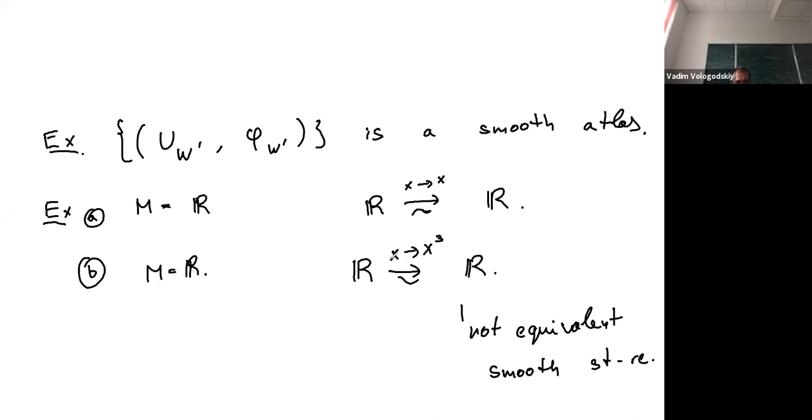This is a really delicate question, and it was a breakthrough in differential topology when John Milnor found that S^7, the seven-dimensional sphere, has precisely 15 smooth structures.